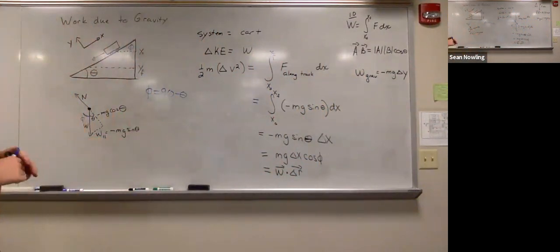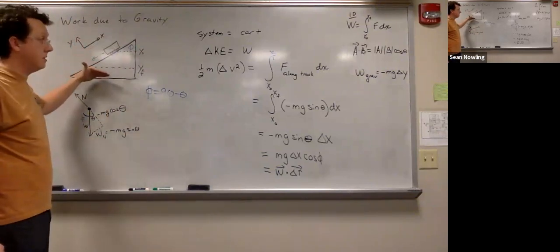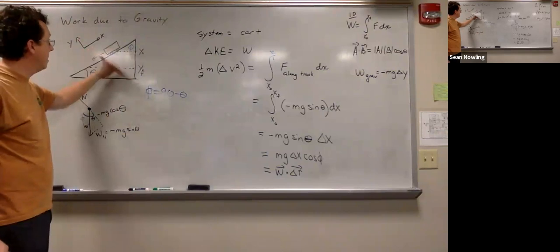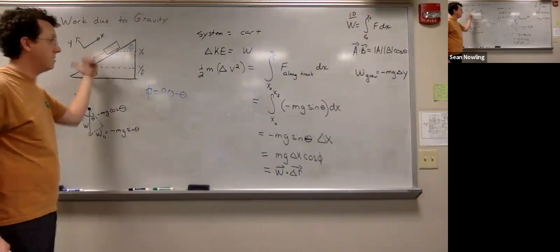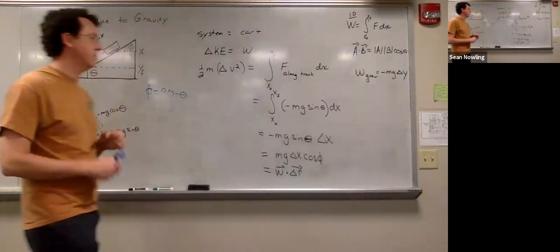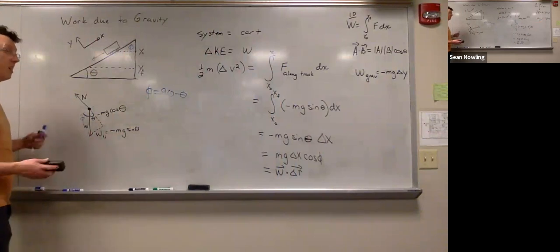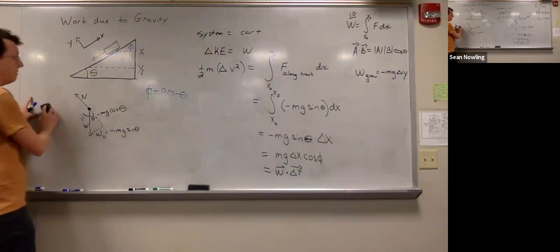If you go downhill, delta y is negative, and the work will be positive. So you need an extra minus sign to make that work. So these are all handy formulas that can be useful when solving gravity problems, which we do a lot of in this class.